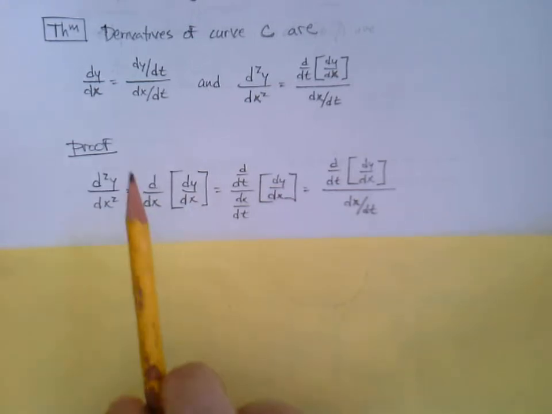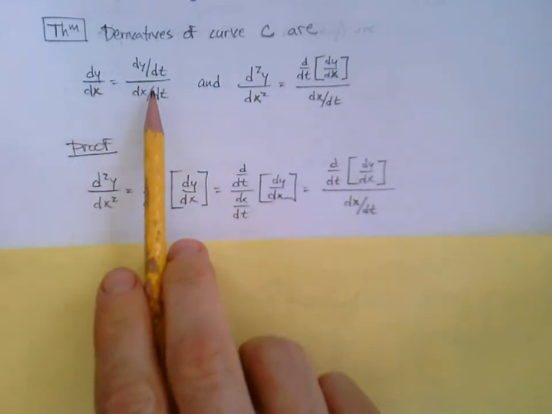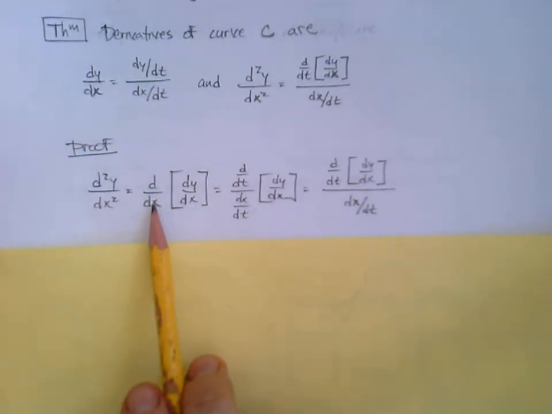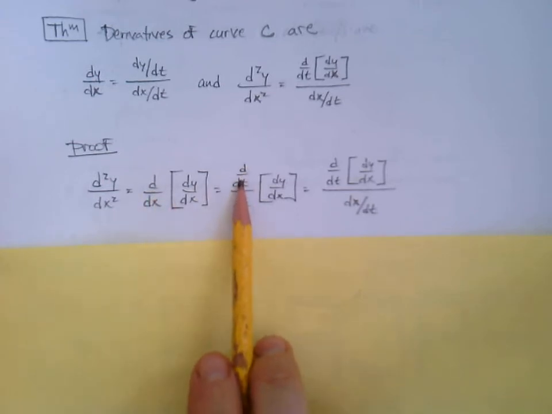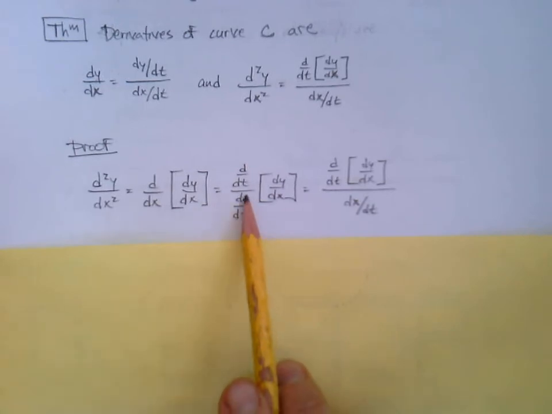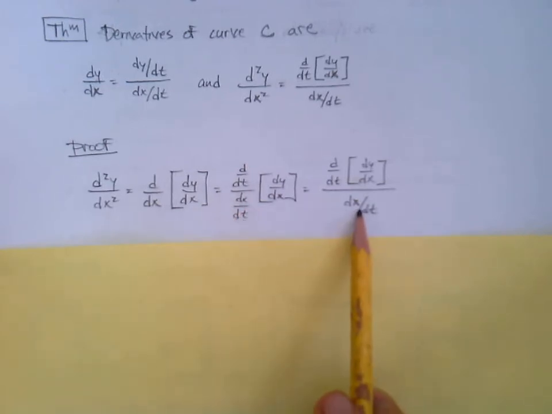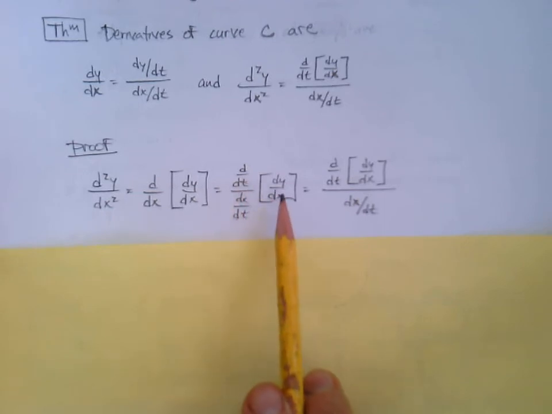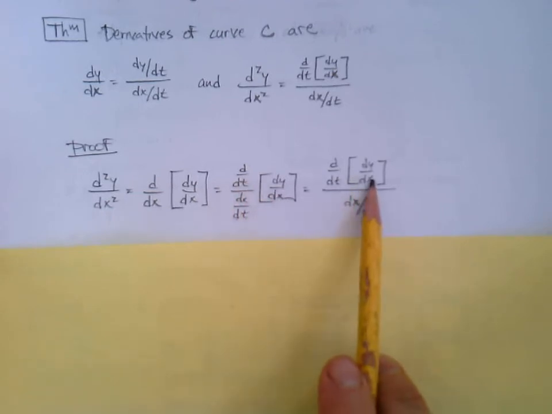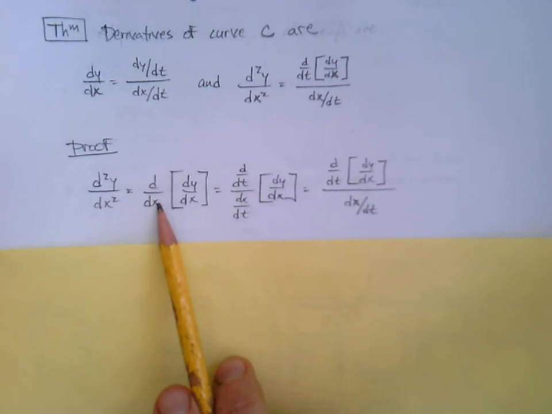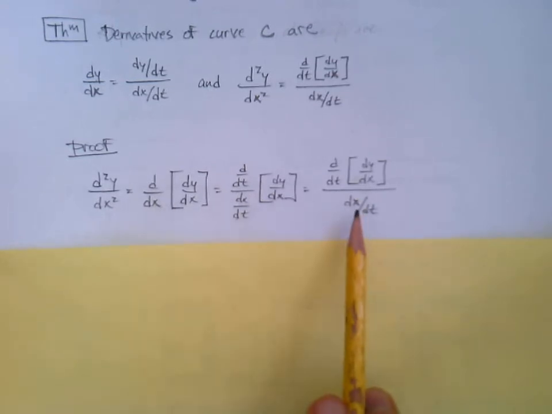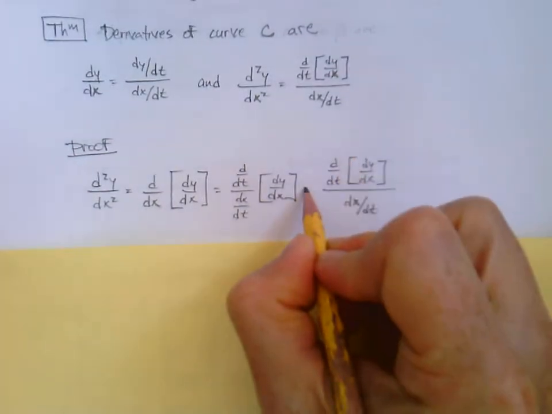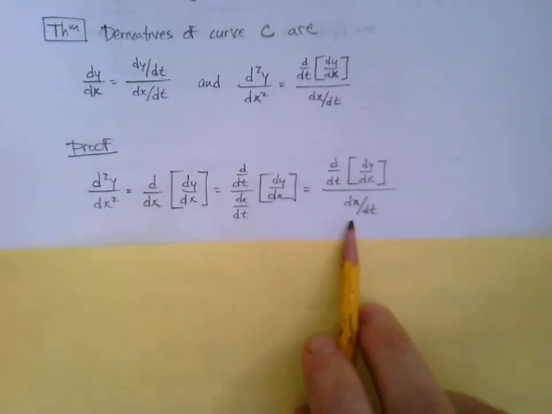But now, just the same way as we did this first derivative back here, we're going to think of d over dx as two independent pieces: d over dt over dx over dt. And that's where that dividing by dx over dt comes in again. So we applied the derivative with respect to t to our first derivative, but then because of that over dx, we need to divide by our first derivative of x with respect to t.